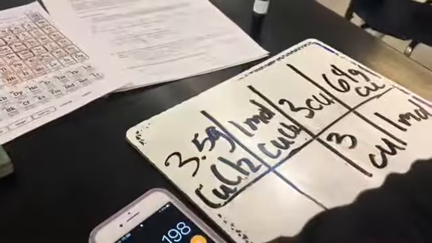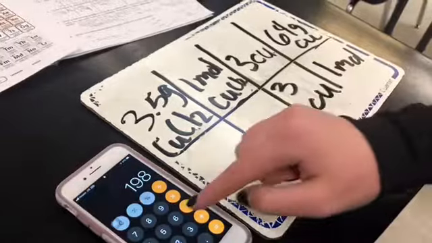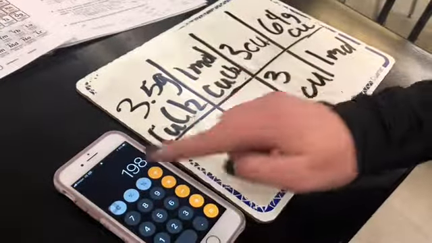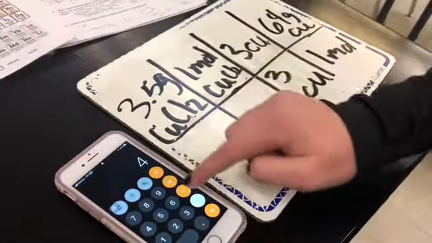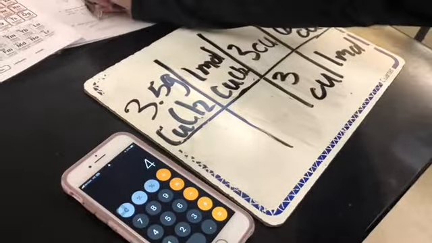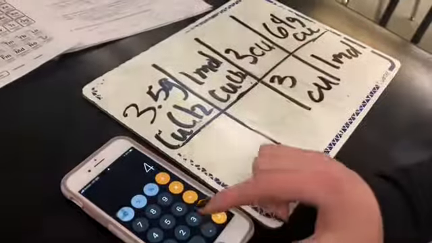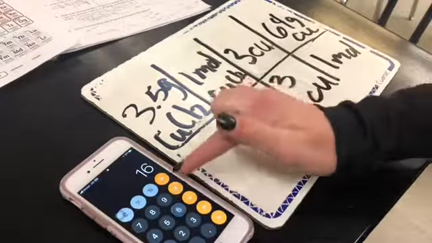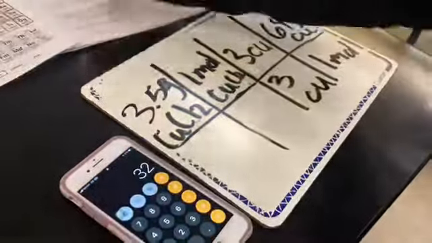So we're going to write that down over here, just to keep track of it. And then you have 4 hydrogens, and hydrogen's molar mass is 1, so you do 4 times 1, and that's 4, so we're going to add that. Plus 2 oxygen, so you do 16 times 2, and that comes out to 32.